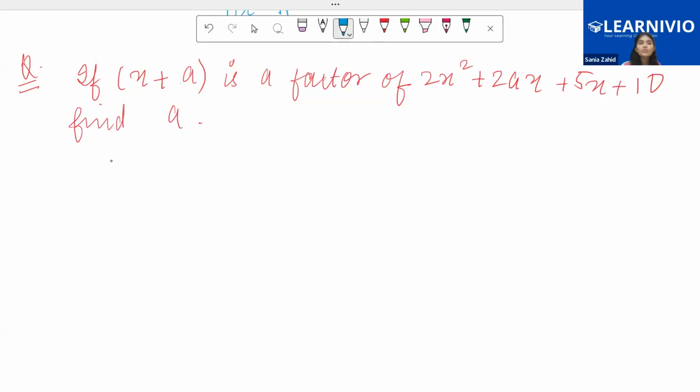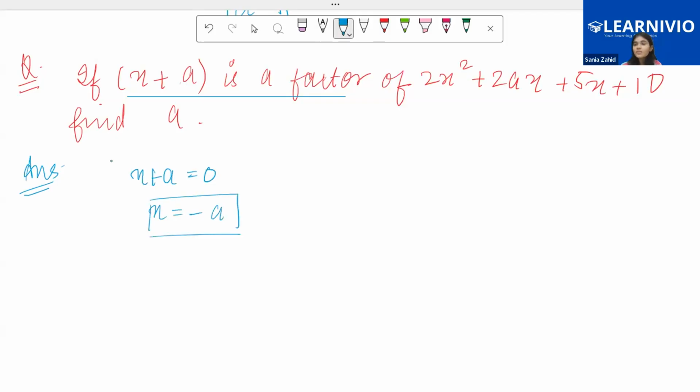This question I will solve for you. Please look on the screen very carefully. It is given to you x plus a is a factor. Now what does it mean to be a factor? That means x plus a is equal to 0. Then the value for x is minus a. That means x is equal to minus a is a 0 of the given polynomial.